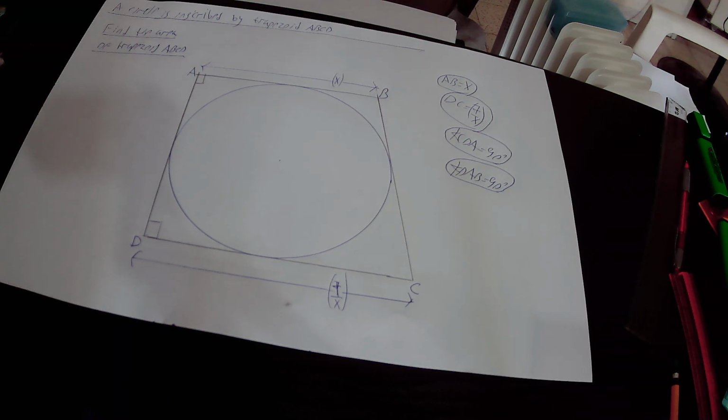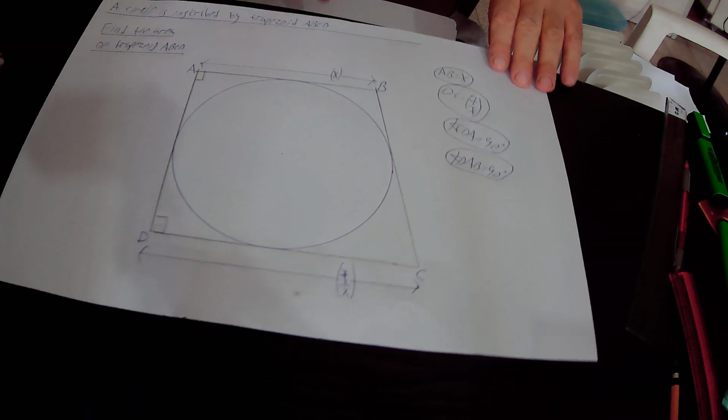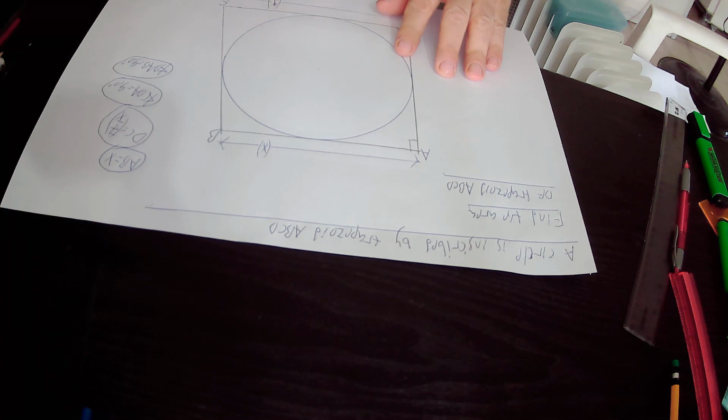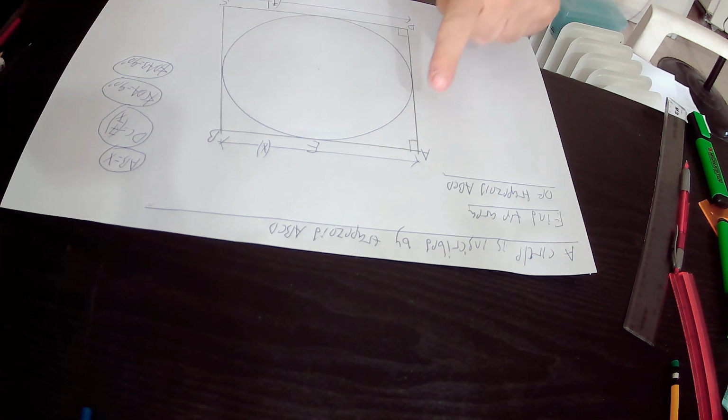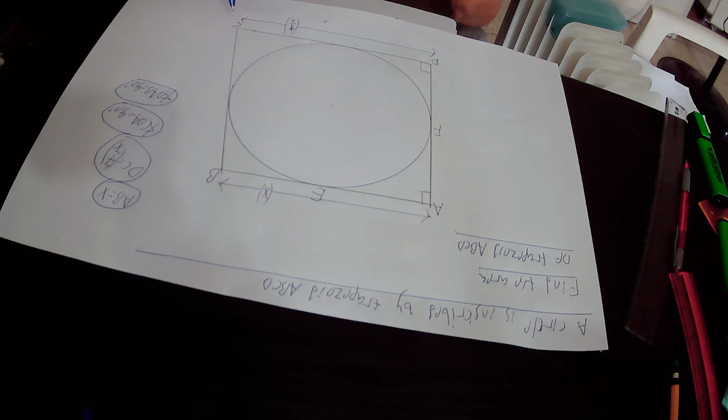That is to say, we define the point of tangency of side AB with this circle, this point, as E. Likewise, we define the point of tangency of side AD with this circle, this point, as F. Likewise, we define the point of tangency of side BC of the trapezoid with this circle, this point, as G. And finally, we define the point of tangency of side DC with this circle, this point, as H.